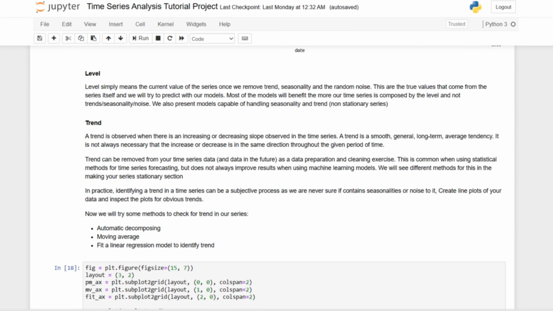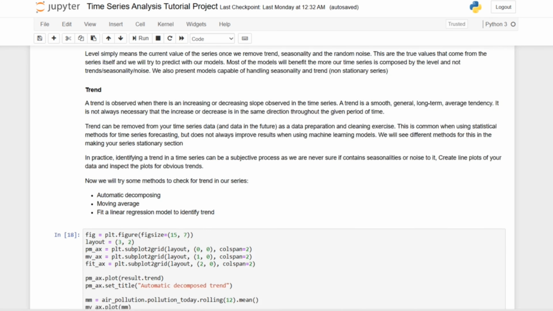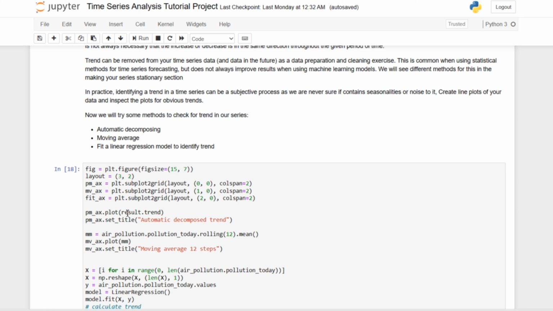Now there are other methods to check trend in the series. Automatic decomposing is one method that you have seen earlier, and there are other methods like finding the moving average or fitting a linear regression model to identify a trend. As seen in the import libraries section, I've imported the linear regression model. For automatic decompose, I'm calling the trend result that we have already got from the above section.